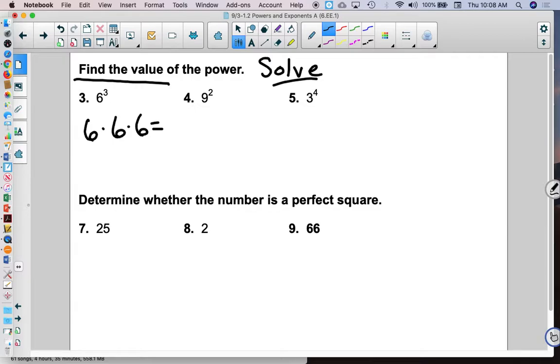If you would prefer to just do it and then check it, that's fine. The more we do it, the stronger our multiplication skills become. Are they looking good, Mrs. Frazier? They are looking good from what I'm seeing. I like it.